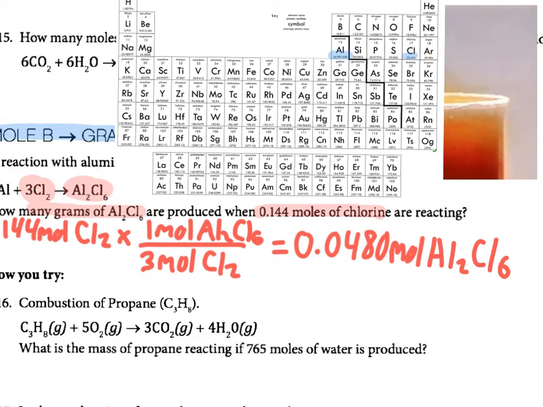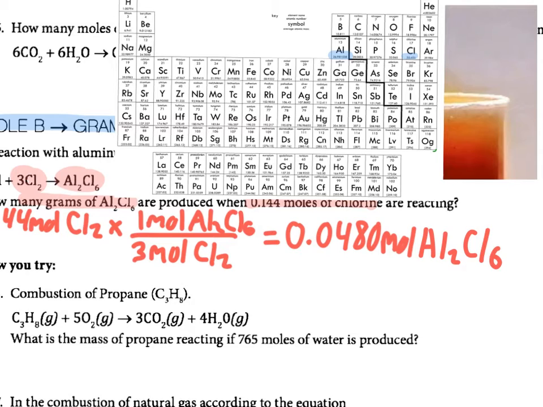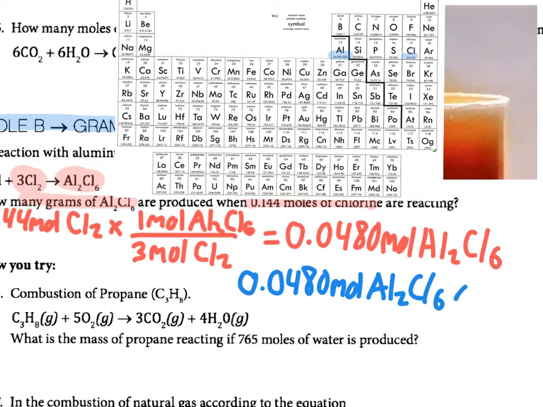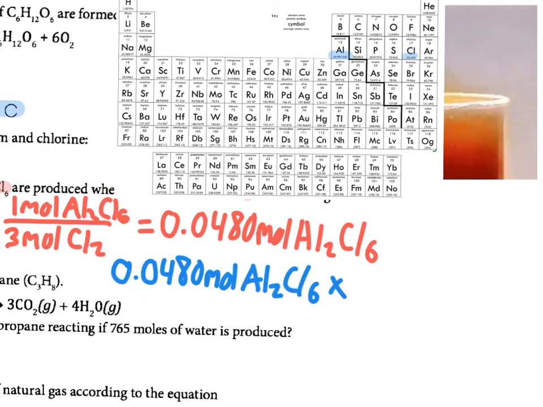Because in the next step, what I need to do is take the answer from the first step, so the 0.0480 mole Al2Cl6, and I'm going to multiply this by the molar mass. So I want to set this up by adding up the 2 aluminums and the 6 chlorines, and I'm going to multiply by that molar mass.